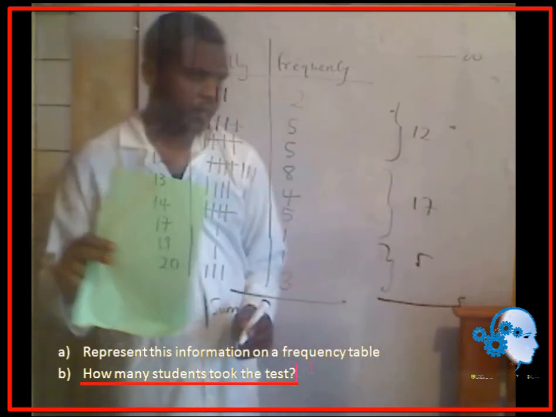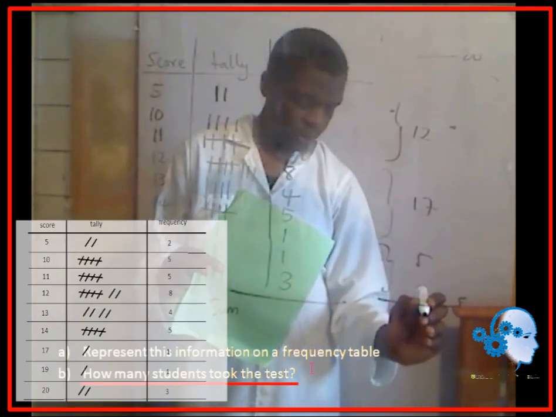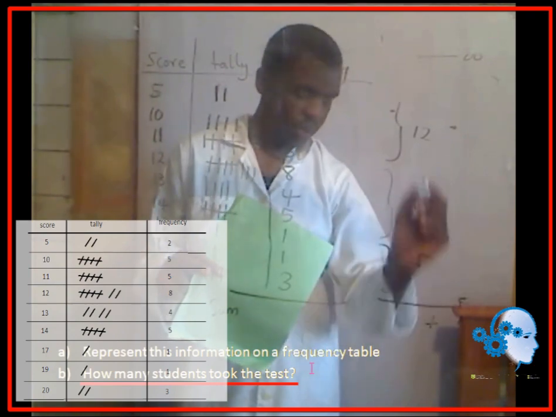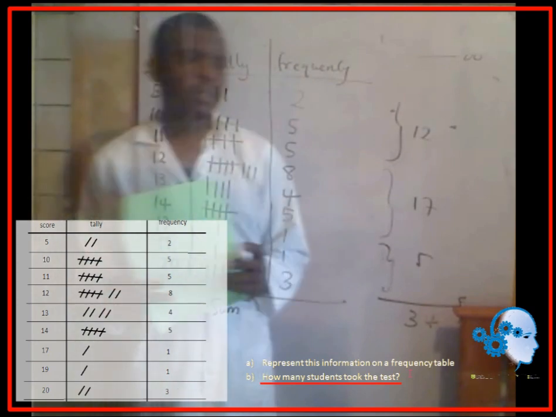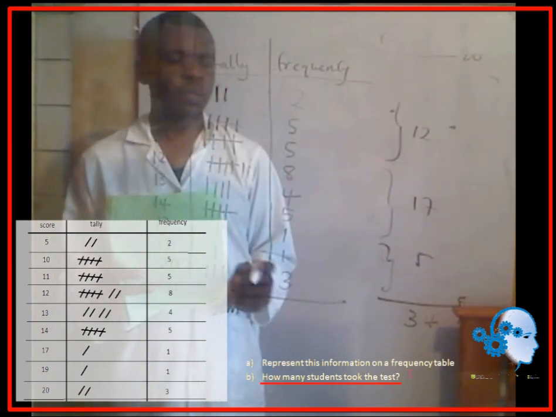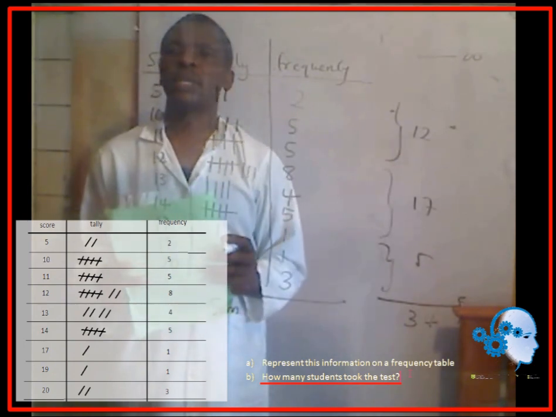And all of this. So this is 9, 14. So by summing all of these values, we find here that there are 34 students who took the test.